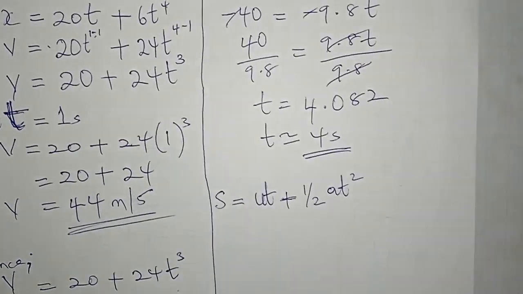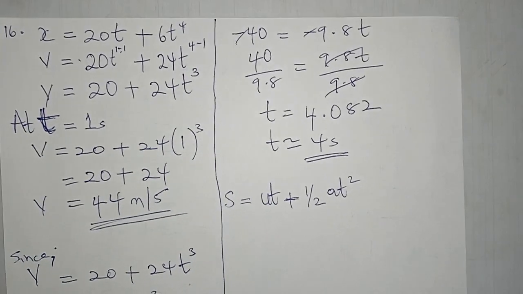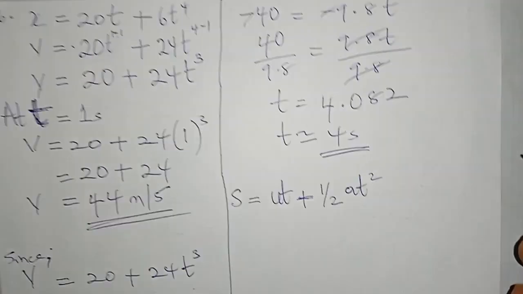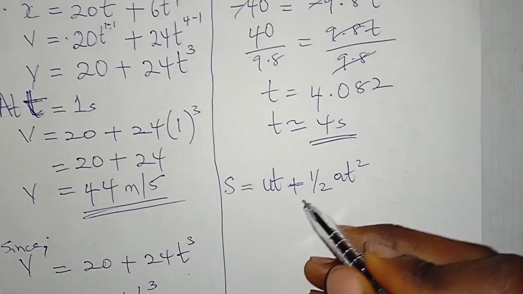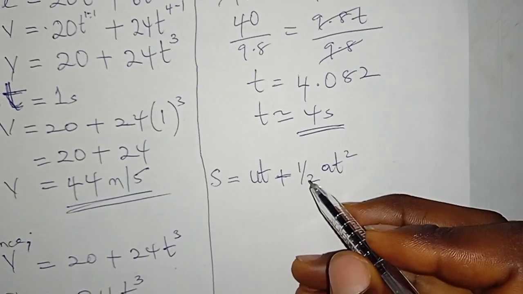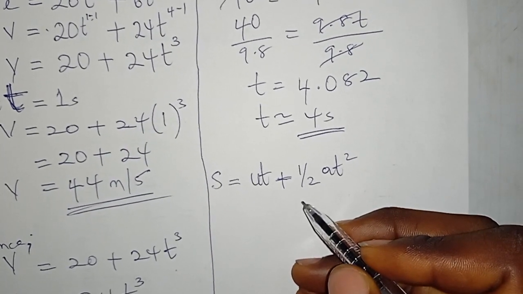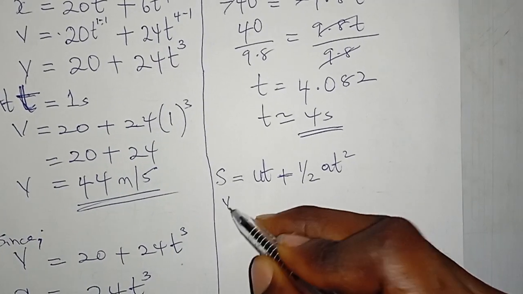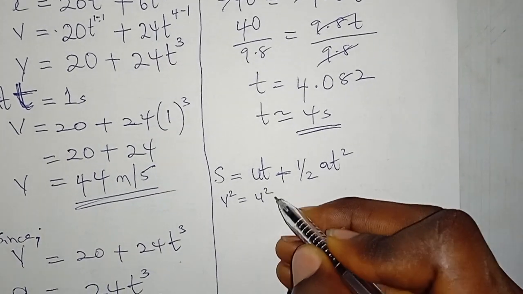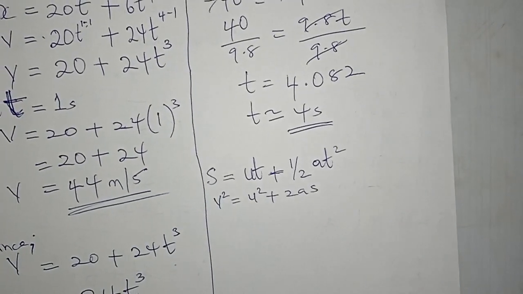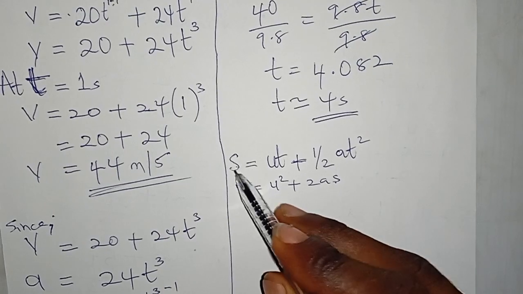Do I have a? I don't have a, but my a is constant, so I can use this. Because at that highest point, v is 0, I can also use v squared equals u squared plus 2as. Let me just use this.